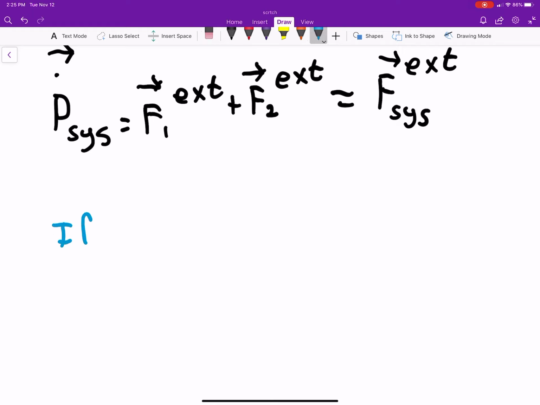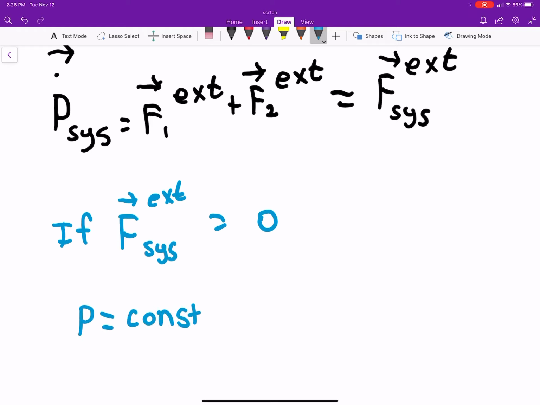If F external of our system equals 0, then our momentum is constant, right? Because if this were the case, then the change in momentum of our system is equal to 0. Well, what that means is there's no change. If there's no change, then our momentum is constant.